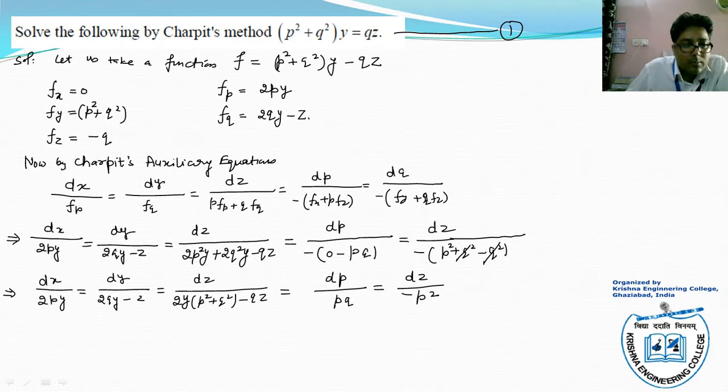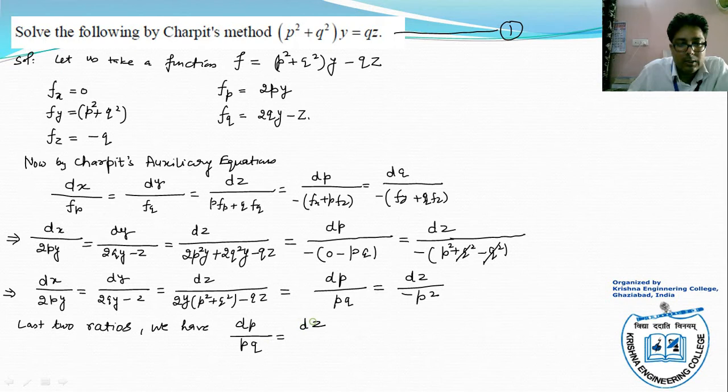Taking the last two ratios, we have dp upon pq is equal to dq upon minus p squared.